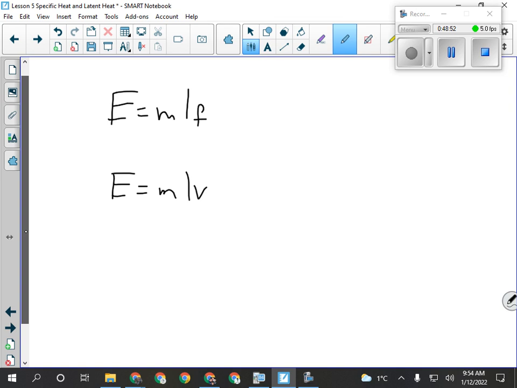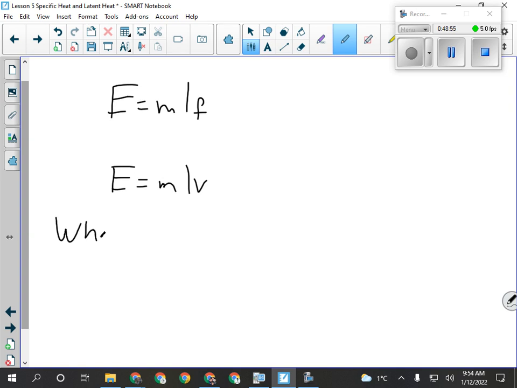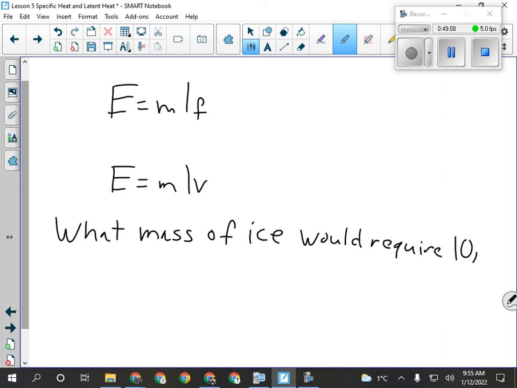So a question might go something like this: what mass of ice would require 10,500 joules in order to melt?